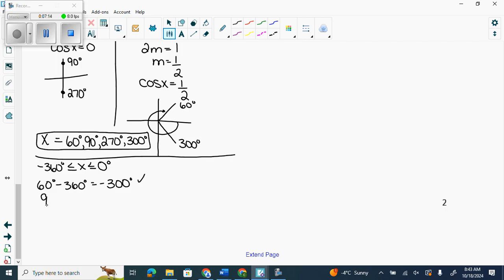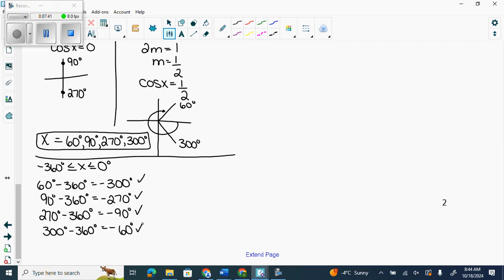Then I do 90 degrees minus 360 equals negative 270 degrees. 270 degrees minus 360 equals negative 90 degrees. And 300 degrees minus 360 equals negative 60 degrees. And then that would be my solutions.